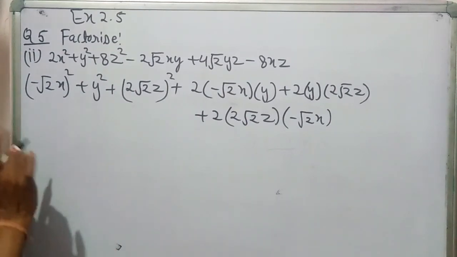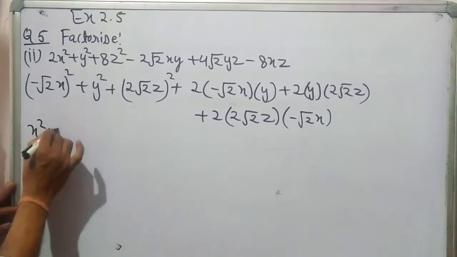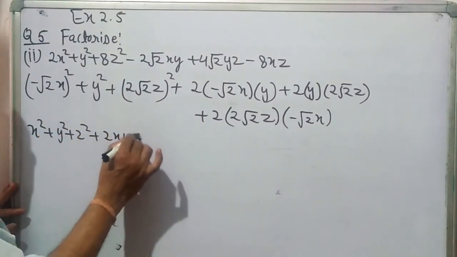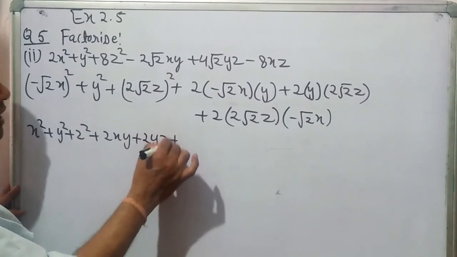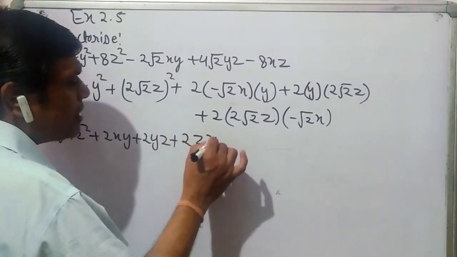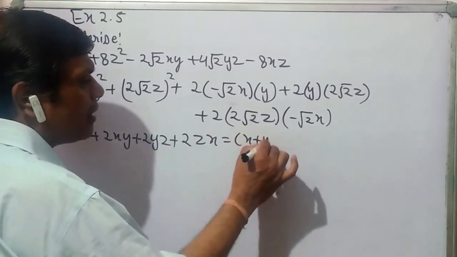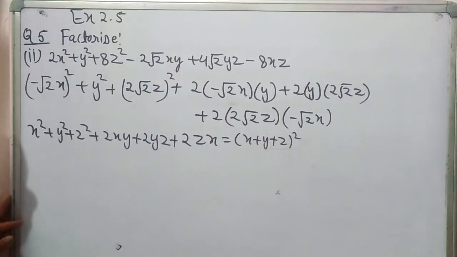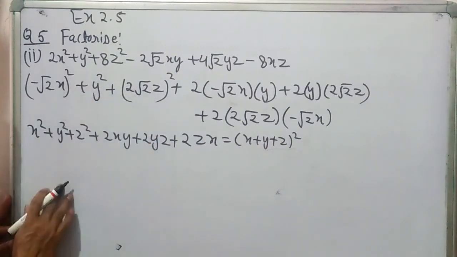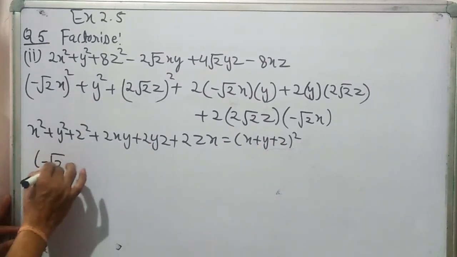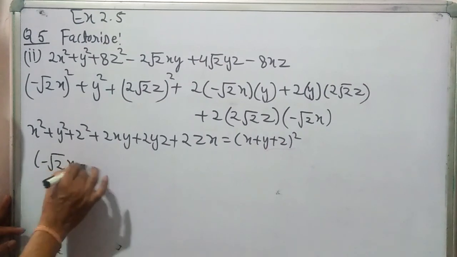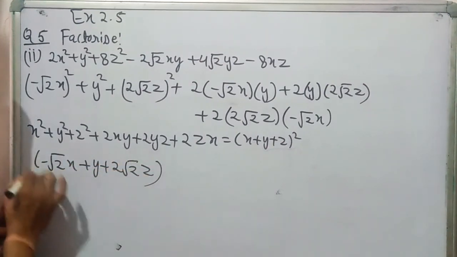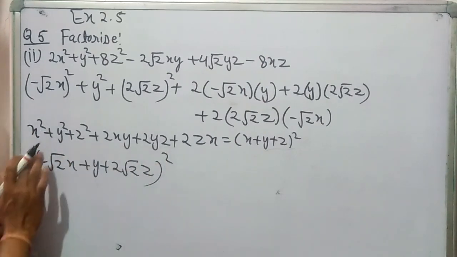And this actually is of the form x square plus y square plus z square plus twice xy plus twice yz plus twice zx equals x plus y plus z whole square. So we can write this whole as negative under root 2x plus y plus twice under root 2z whole square.